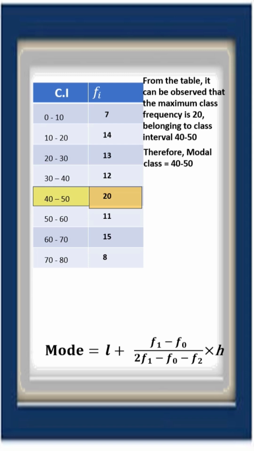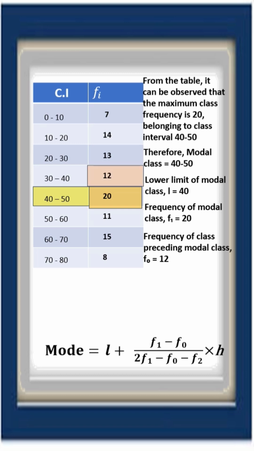So the modal class is 40 to 50. Lower limit of the modal class, L, is 40. Frequency of the modal class, F1, is 20. Frequency of the class preceding the modal class, F0, is 12. Frequency of the class succeeding the modal class, F2, is 11.